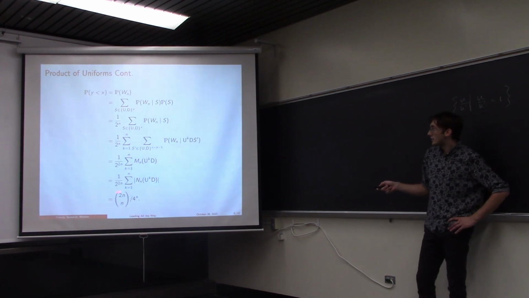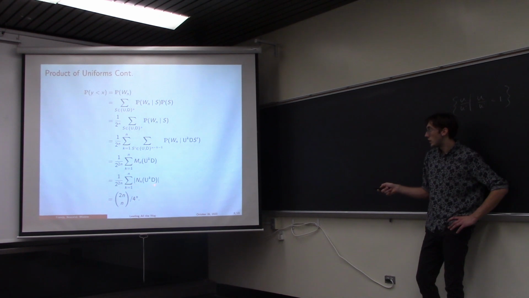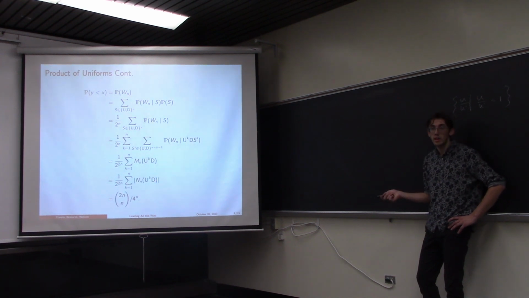But this last sum is the number of type 2 sequences that start with k ups. But we're summing over all k, so this is just the number of type 2 sequences, which we said at the beginning was 2n choose n over 4 to the n.